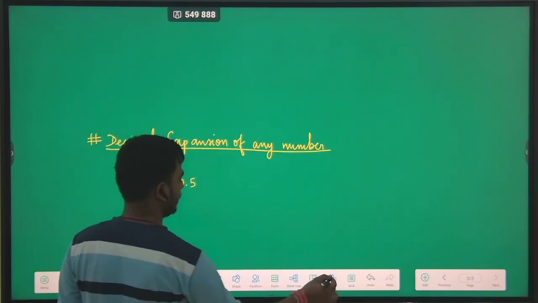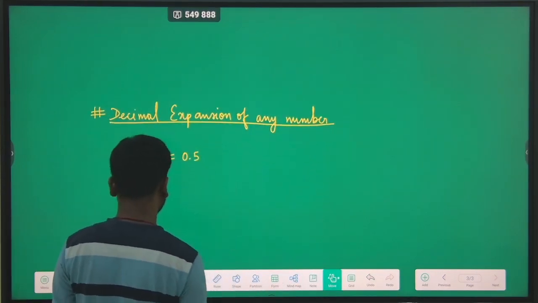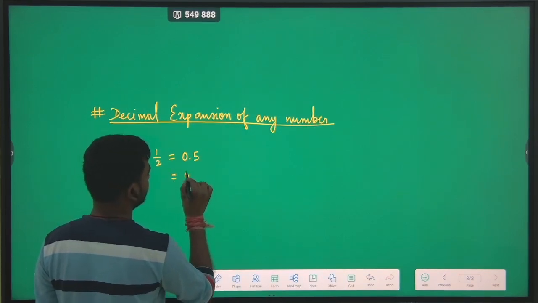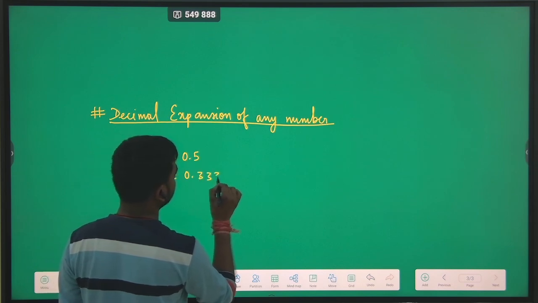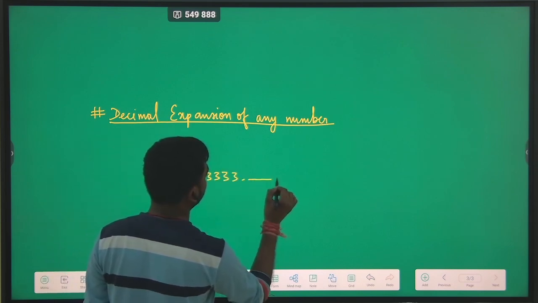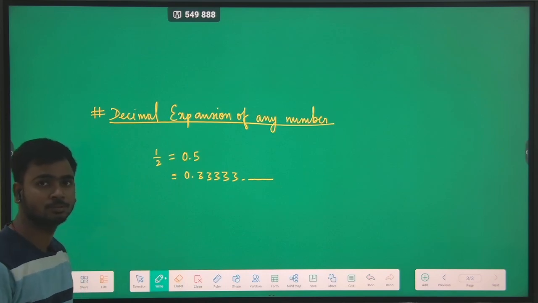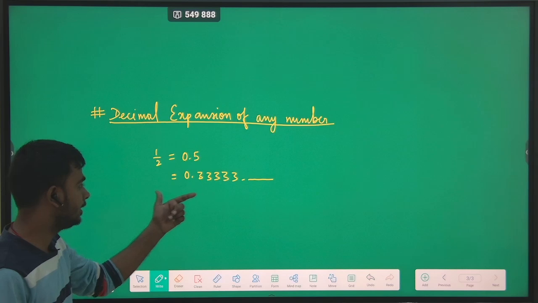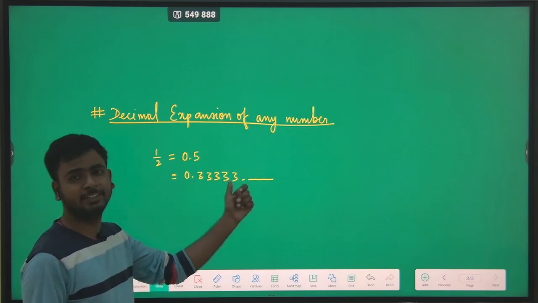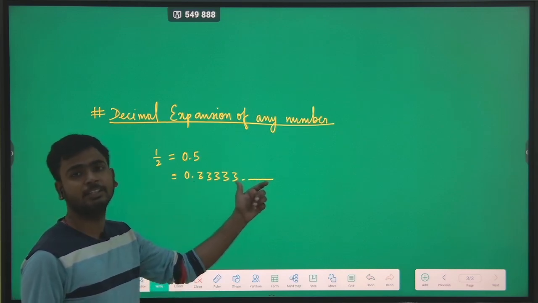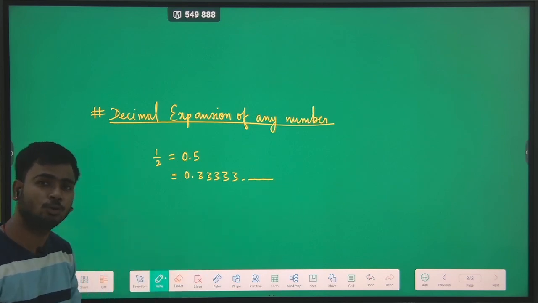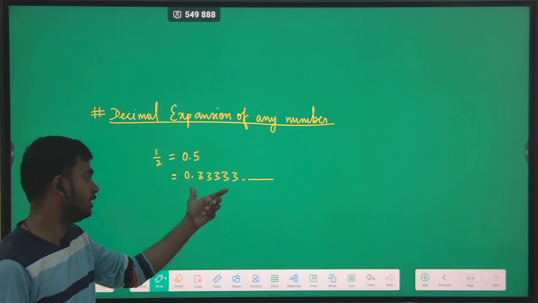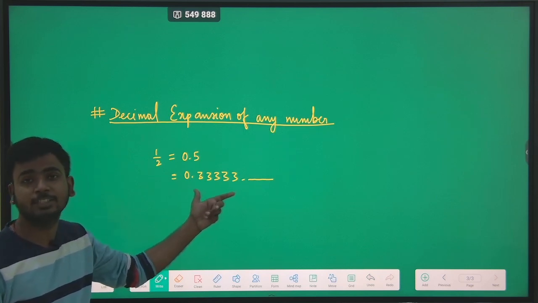Similarly, a decimal representation can be like 0.3333333 continued on and on. There can be a case in which this type of decimal representation occurs.